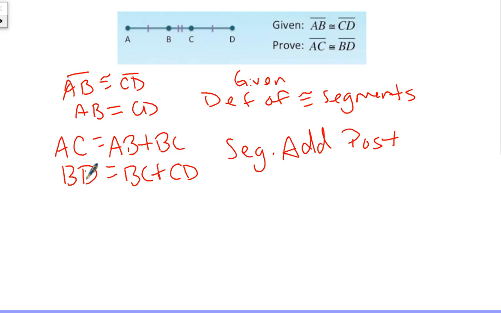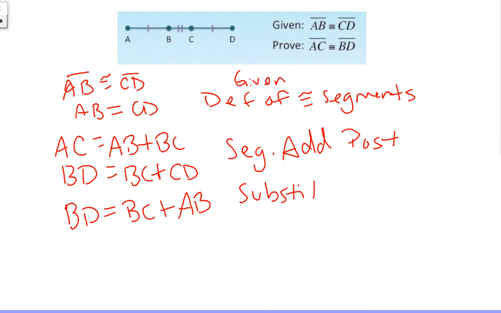Because if I go ahead and say that BD also equals BC plus AB, all I did was the substitution property of equality. All I did was substitute AB for CD.